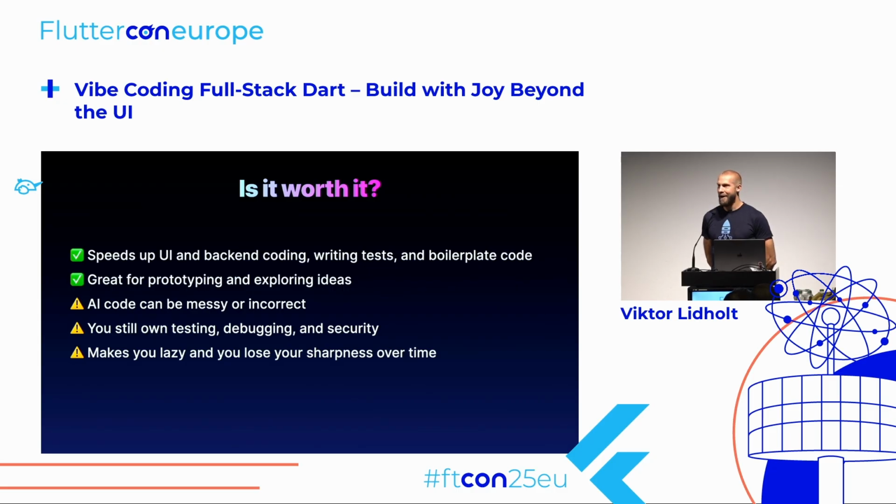But keep in mind that AI code often is messy or incorrect. And you still own the testing, debugging, and the security of your app. So you're kind of responsible for whatever the LLM spits out. And it spits out a lot of security holes in its code sometimes. And yeah, I think another risk is also not just the security, but it makes you a little bit lazy, right?